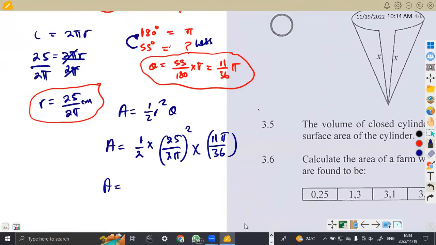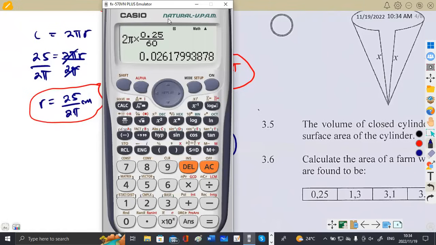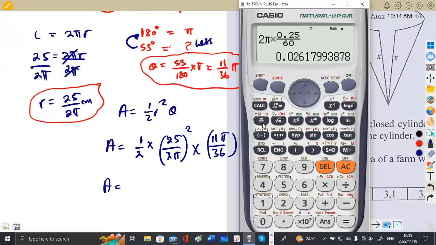We can actually obtain our area from this formula. So let's see if we can have it. That's 1 over 2 times 25 over 2 pi, to the exponent of 2, times 11 pi over 36.